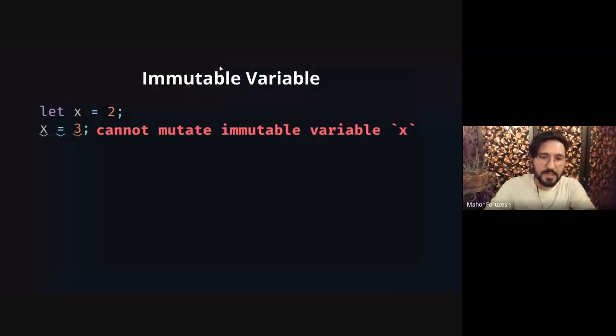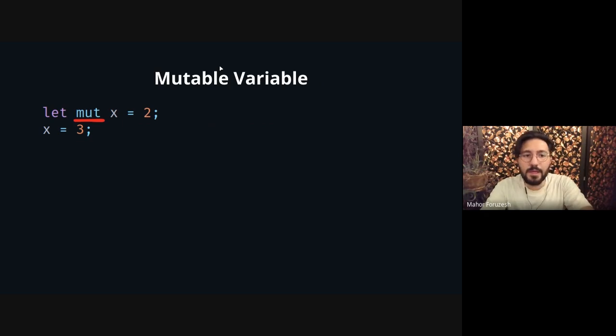For example, as you can see in the picture, if you try to change the x to another number, you will receive a compilation error, which says cannot mutate immutable variable. So if you want to have a mutable variable, you just add a mut keyword before x, and yeah, that's it.